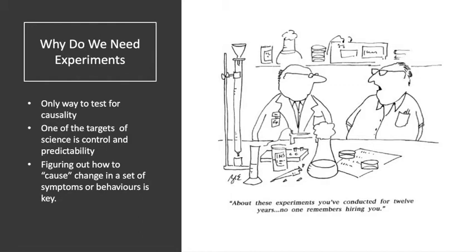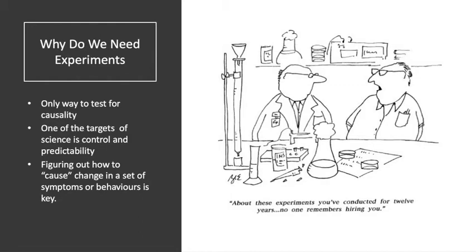we can actually start addressing the question of causality, whether a change in the independent variable caused a change in the dependent variable. Okay, and that is an absolute necessity because it is part of the purpose of science to control and predict behavior, that we need to understand causality. We have to, at the end of the day, come up with a way to understand if A truly causes B, or if C truly causes Z, for example.